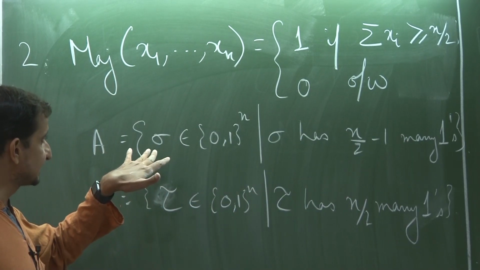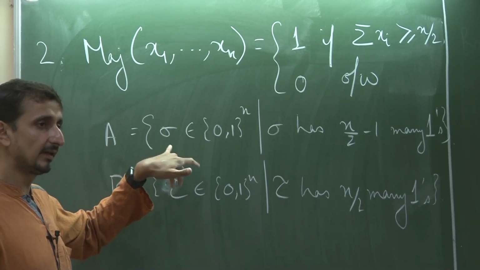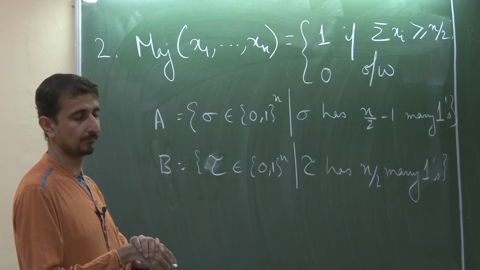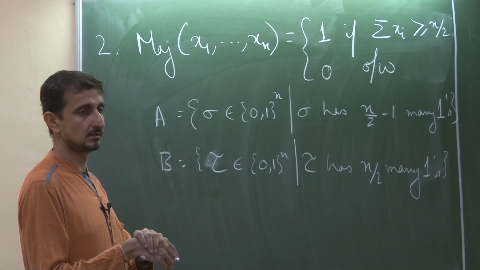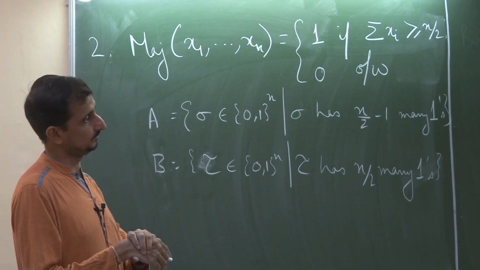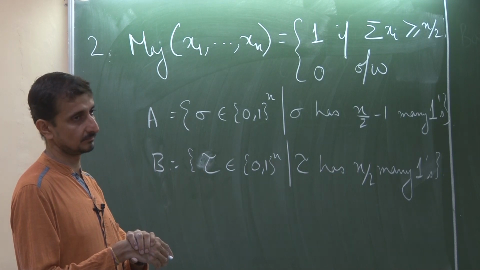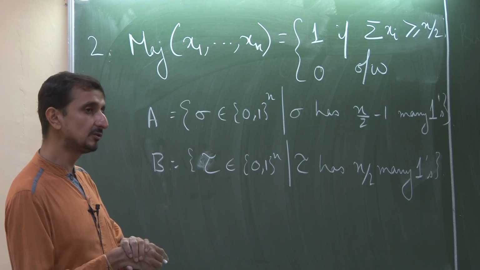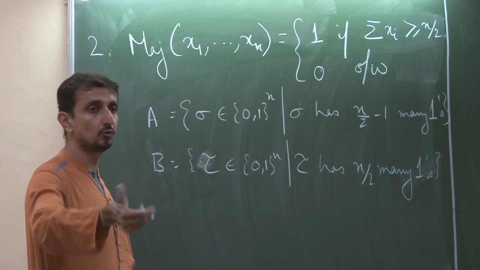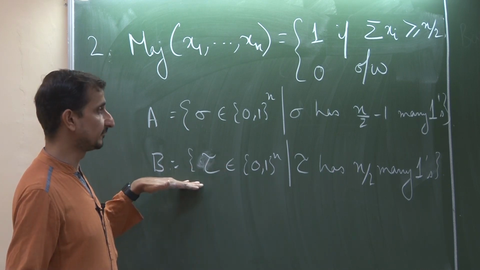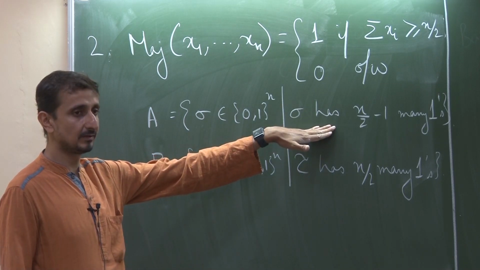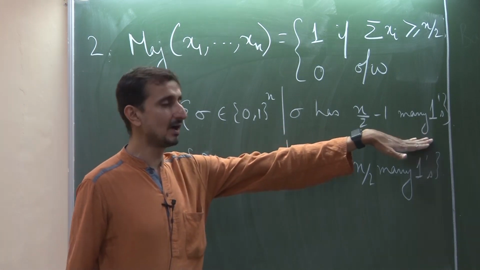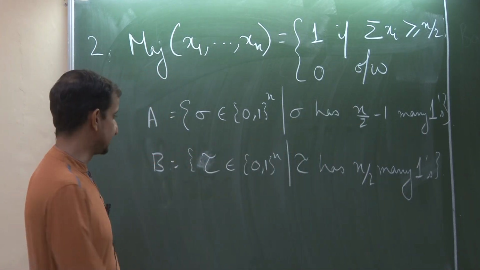So, for a sigma belonging to A, how many neighbors does it have which belong to B? We can make any of the zeros a 1. If I flip any of the 0s to a 1, then it becomes an element of B. How many 0s does sigma have? n by 2 plus 1. If it has n by 2 minus 1 ones, then it has n by 2 plus 1 many zeros.